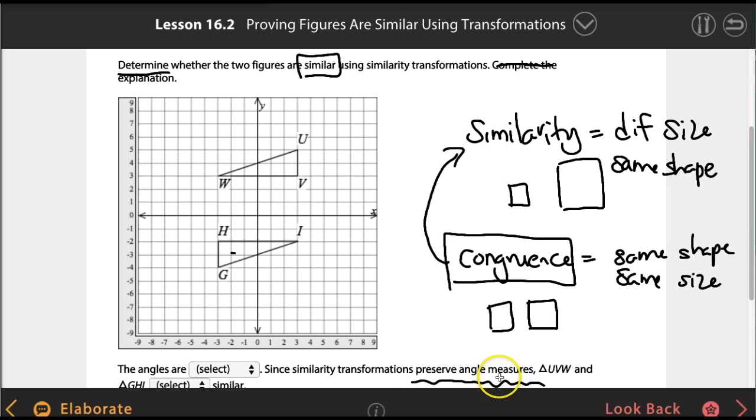And then we talk about the ratio of the sides being the same. So our ratio of sides in this case could go from 1 to 2, right? Or in this case, our ratio of sides can go from 1 to 1. So there's no change. So when two shapes are congruent to each other, they are also called similar to each other, okay? So similarity is like a big definition, and underneath similarity, there is also congruence, okay? So I just want you to understand that.